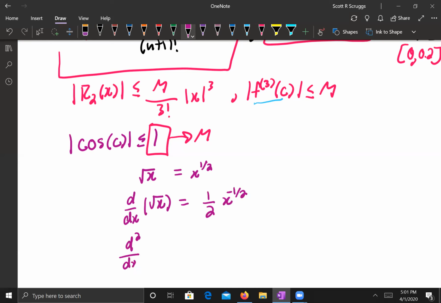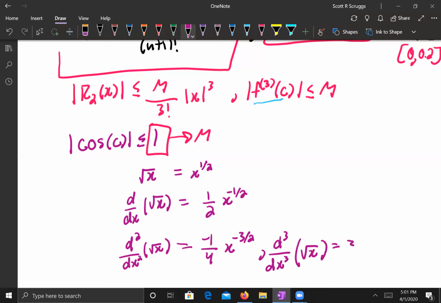Second derivative, negative 1/4 x to the negative 3/2. And then the third derivative of that will be 3/8 x to the negative 5/2. Since I plugged in c, I would replace that x with a c.